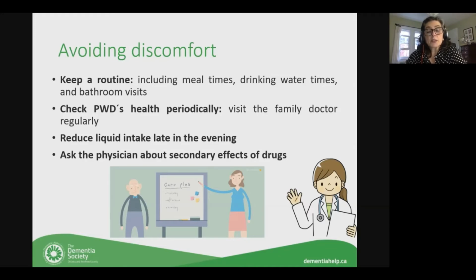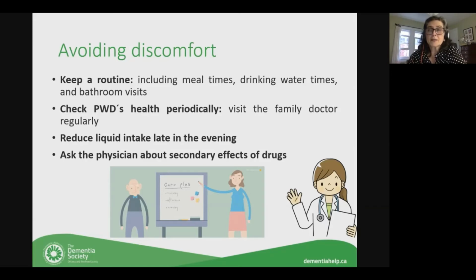Making sure that the health of the person with dementia is checked periodically, so that we are avoiding infections and so forth. Avoiding intake of liquids late in the evening helps to avoid agitation and movement around in the nighttime because they're awake, because they need to use the bathroom. And of course, secondary effects of drugs can sometimes also create discomfort.